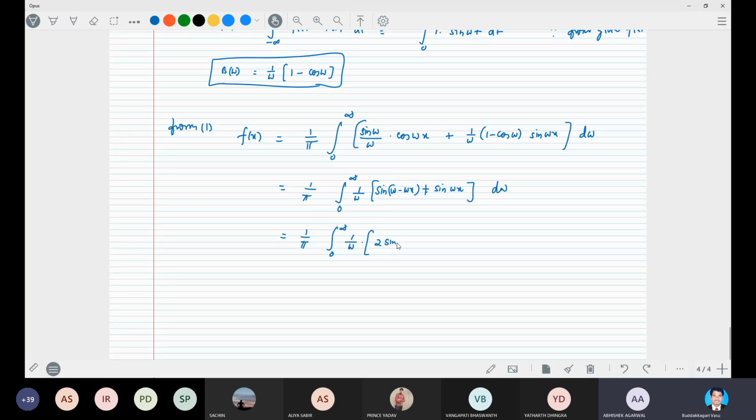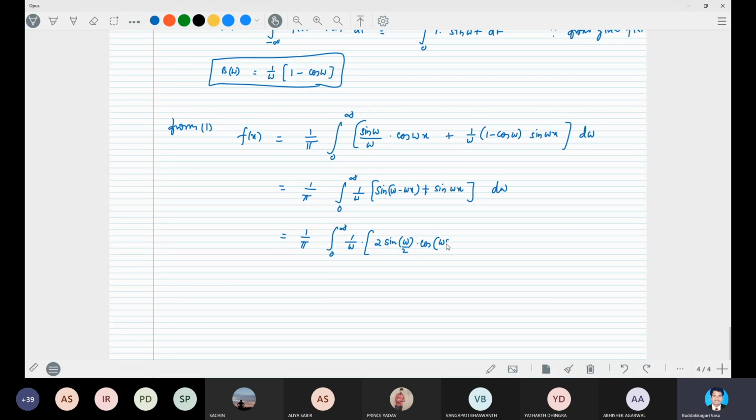2 sin (A plus B) by 2, right? A plus B: omega minus omega x plus omega x, omega by 2, into cos of A minus B, right?